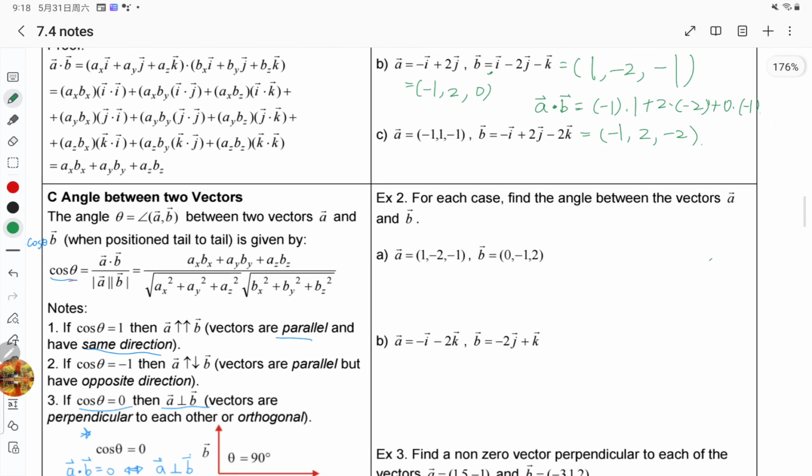And then the angle between them. We also talked about this previously, right? It's exactly the same formula. You don't need to remember new ones, right? It's just our AB inner product is the norm, or the length of A times the length of B times cosine theta. So cosine theta is this over this.